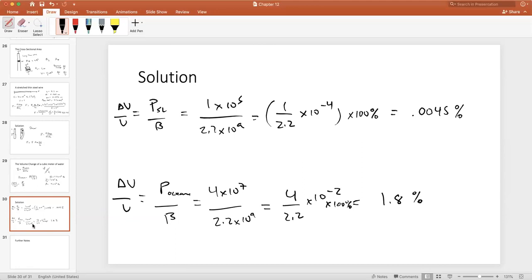Elasticity is pretty fun. It's fun because it's plug and chug. The problem with it is, like I said, there's a lot of physics hidden in the bulk modulus and Young's modulus that you'll learn later on. If you really want to study this stuff as an engineer or a chemist, it's a very nice first approximation. And there's a lot more to the story of intermolecular forces and how solids stick together.